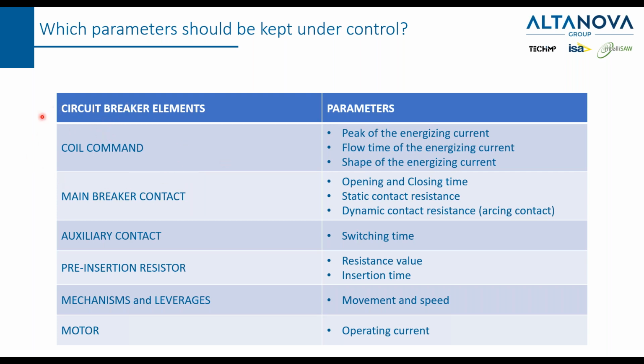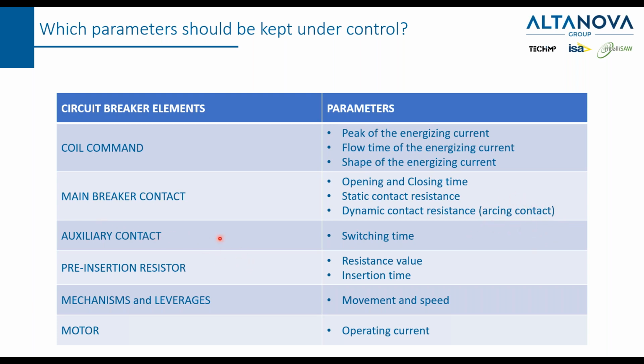For the coil commands, I need to measure the current flowing in the coil command, and in this coil current I need to check the peak, the flowing time, and also the shape. For main contacts, I need to verify the opening and closing time, the static resistance of the contact, and also the dynamic resistance in order to understand the condition of the arcing contact.